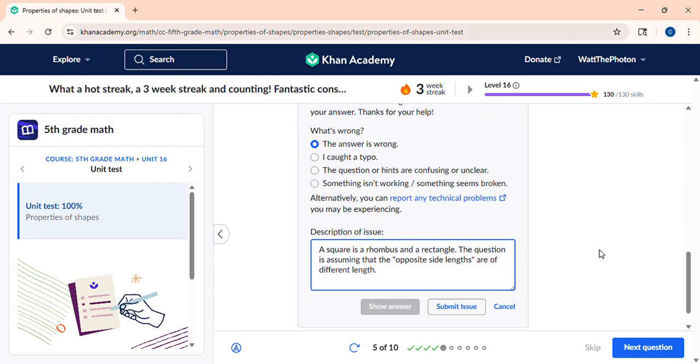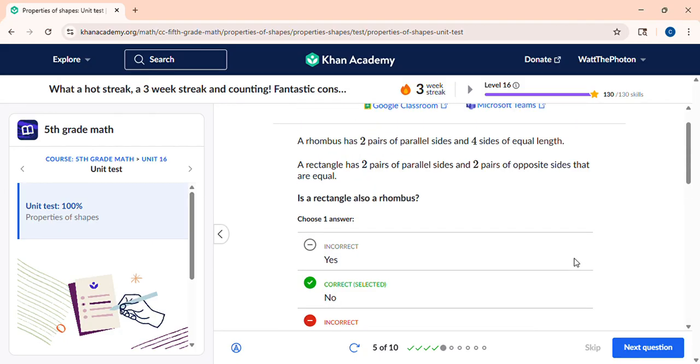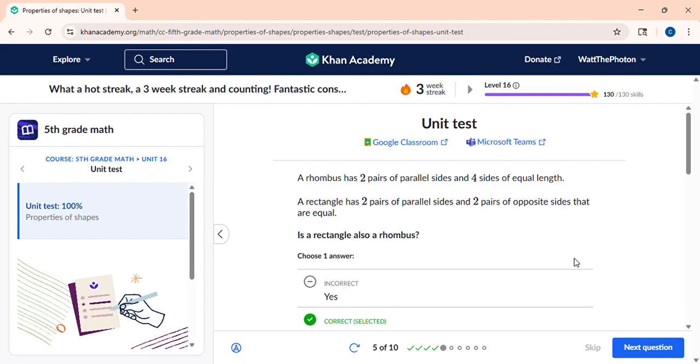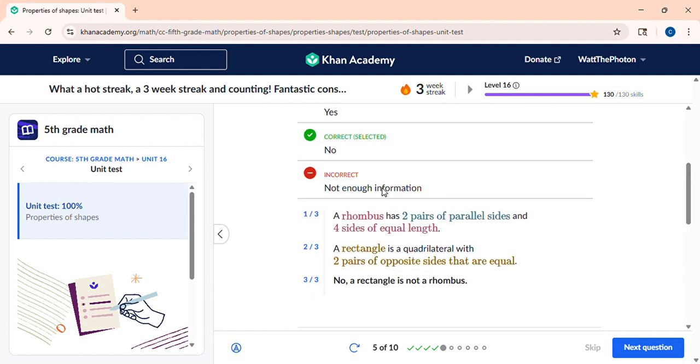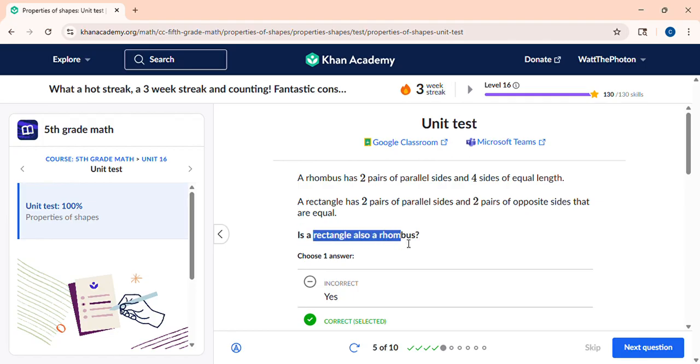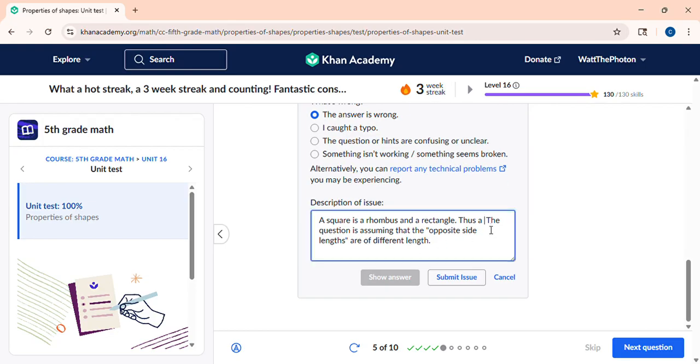The question: a square is a rhombus and a rectangle. Thus, a rectangle can also be a rhombus. A square is a rectangle and a rhombus. Thus, a rectangle can also be a rhombus.